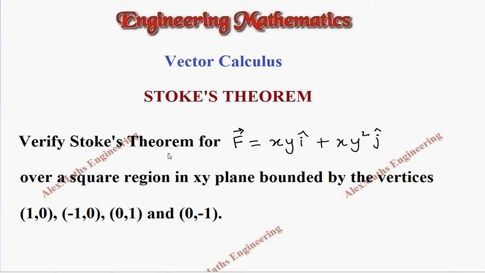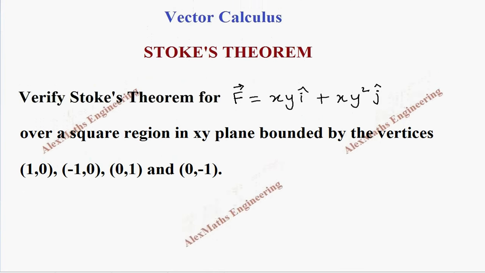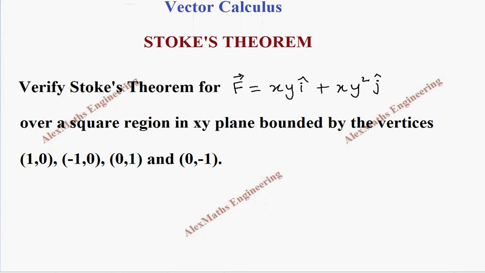In this video, we are going to verify Stokes' theorem for the given F vector over a square region in the xy plane bounded by the vertices (1, 0), (-1, 0), (0, 1) and (0, -1).